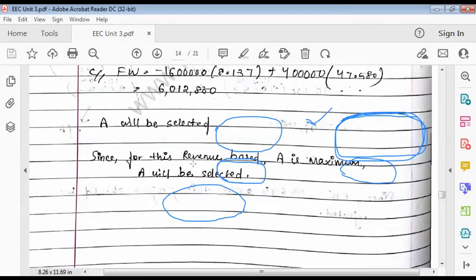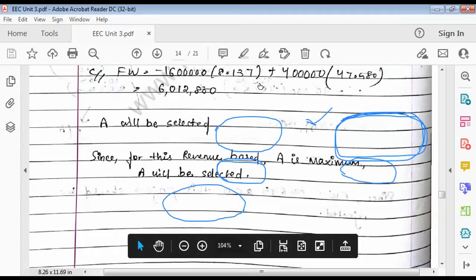You write: since for this revenue based question, FW of A, future worth, is maximum, A will be selected. Correct? Next question.